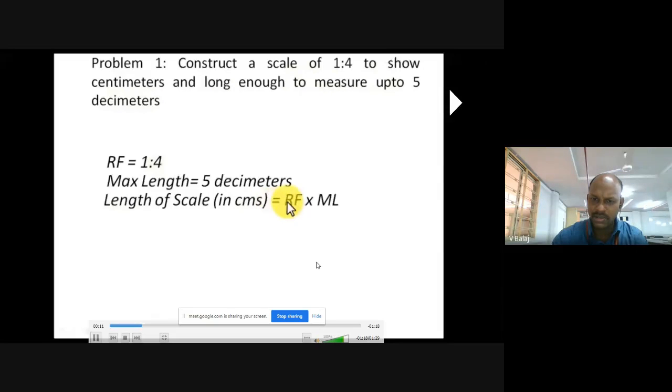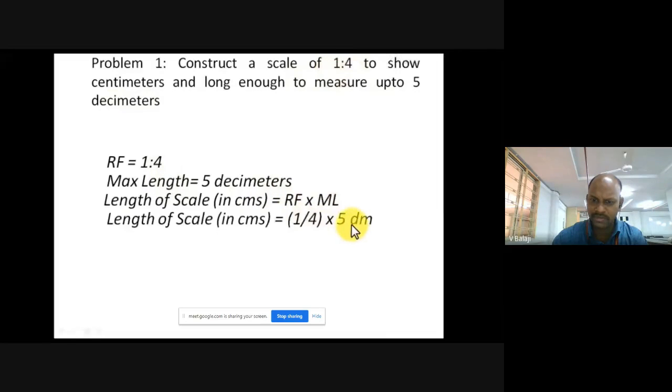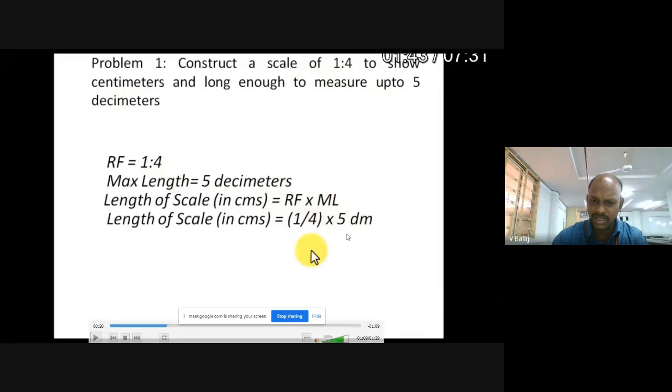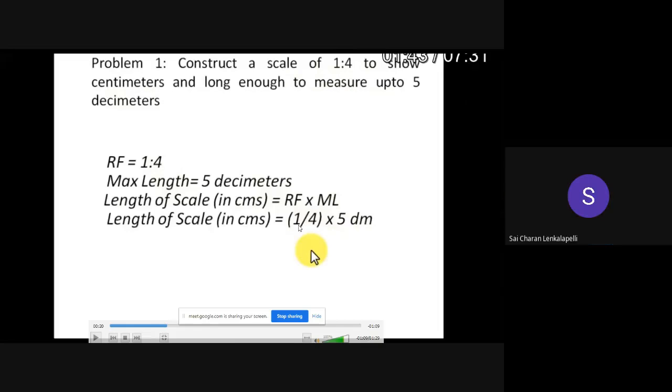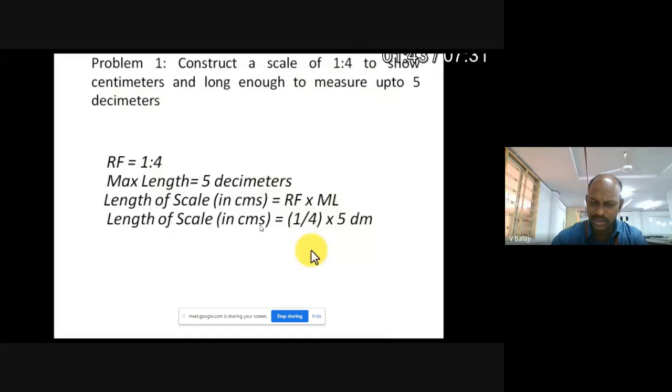Okay, now calculate representative fraction. 1:4 is given, maximum length is given, 5 decimeter. Now this 5 decimeter we need to convert into centimeters, because our mini drafter contains only centimeters and millimeters, right?